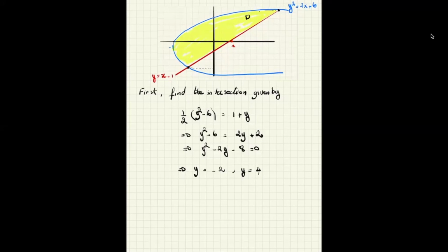So x here it's gonna be -1, -2, -1, -2, and 5.